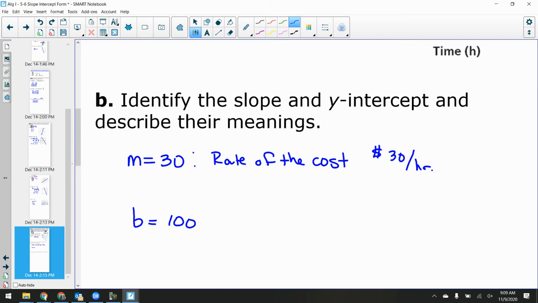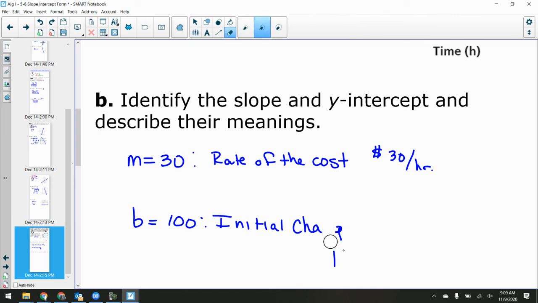And what does the 100 represent? The base price? Okay, I like that. I like to call it the initial charge, or if you want to call it the starting value.